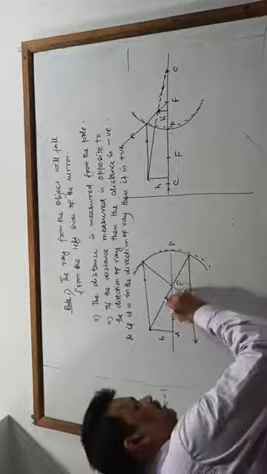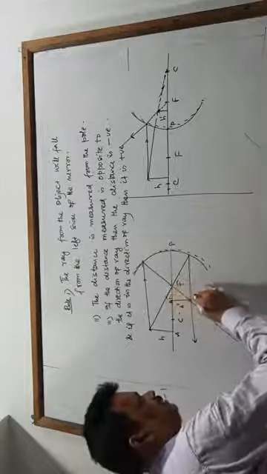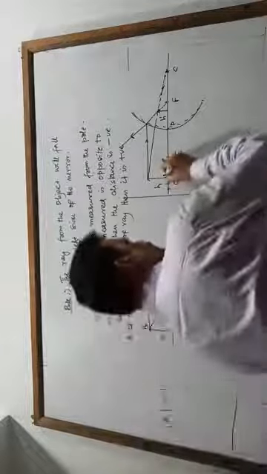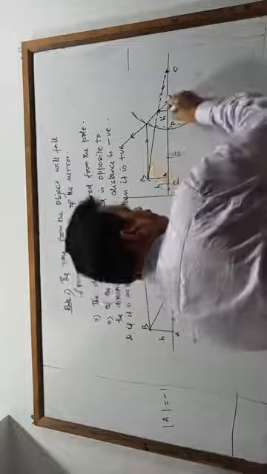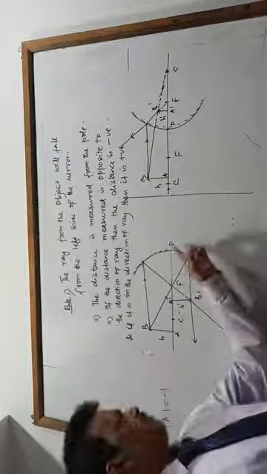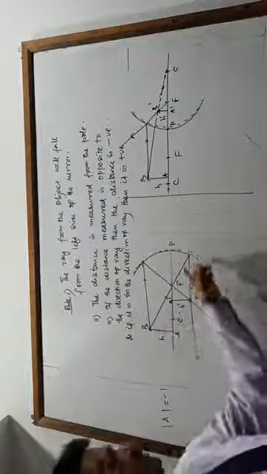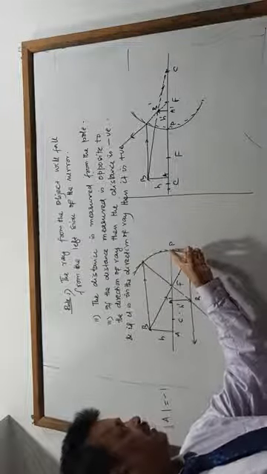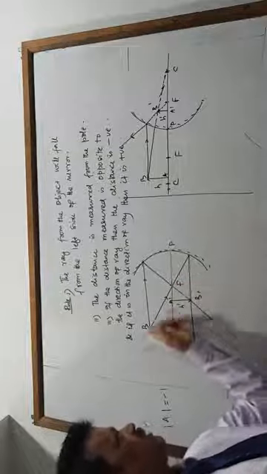This is suppose A dash, B dash. This is AB. This is A dash, B dash. Okay, that means what did you get in concave mirror? The object distance will be negative because you have to start measuring from the pole to the object, opposite to the direction of ray.